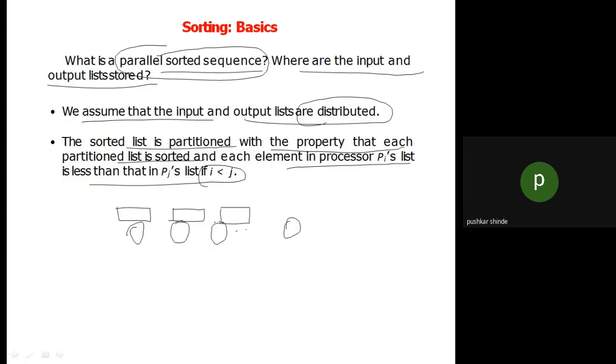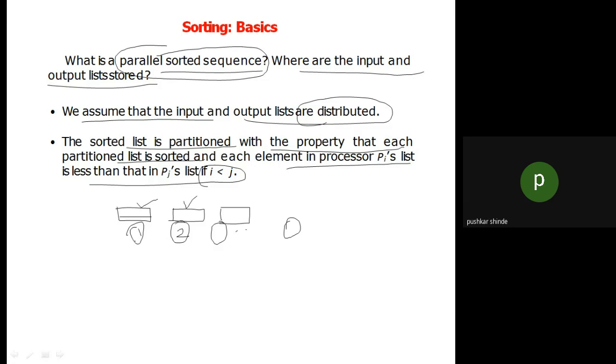The list with, let's say, processor 1 will be less than the list with processor 2. So all numbers in list 1 will be less once the sorting is done. The output will be sorted once the partitioning and the sorting is done.